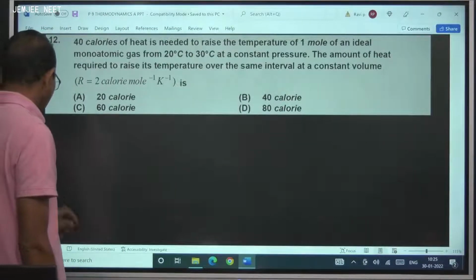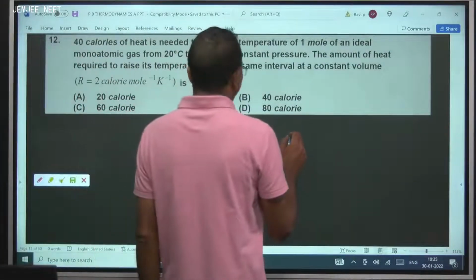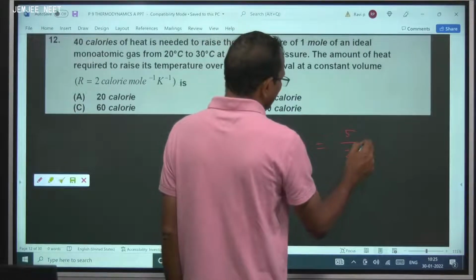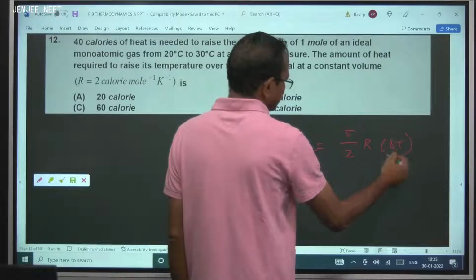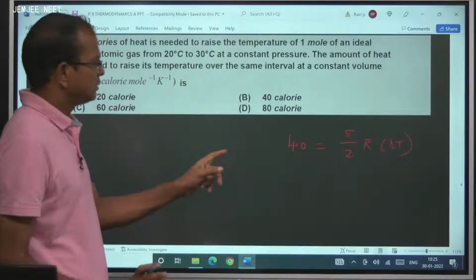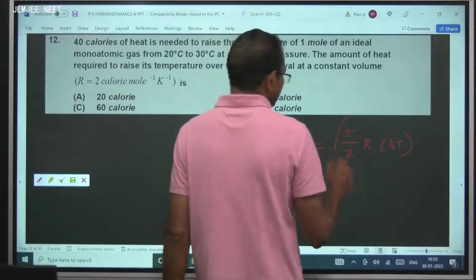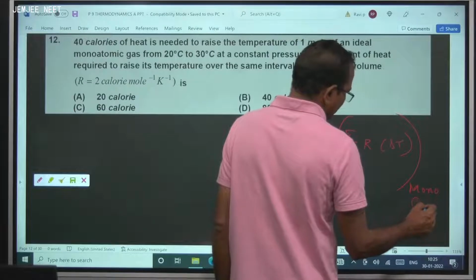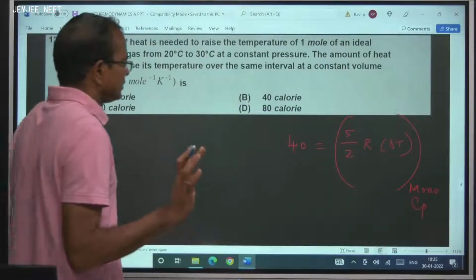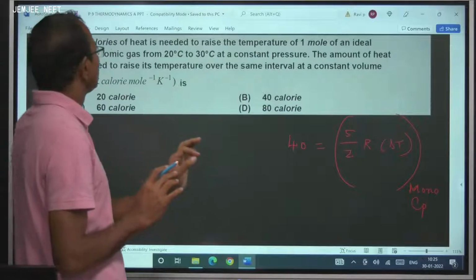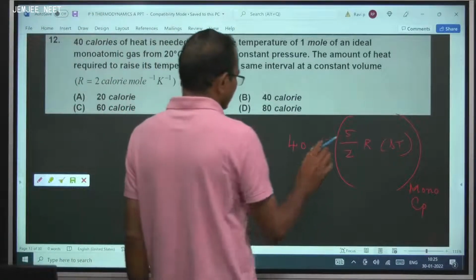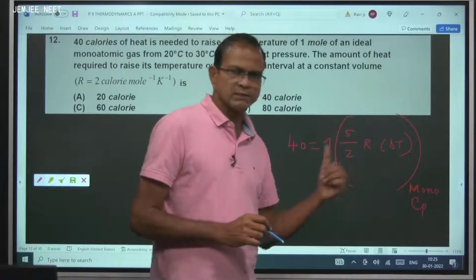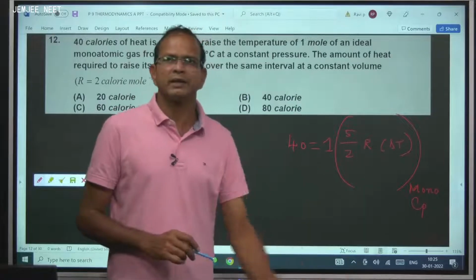So you need 40 calorie for 5 by 2 R delta T. Monoatomic, constant pressure. Check properly what I have written. Delta Q is equal to mu Cp delta T. How many moles were given? 1 mole. I will incorporate that also: mu Cp delta T, monoatomic. Please check the formula I have written.